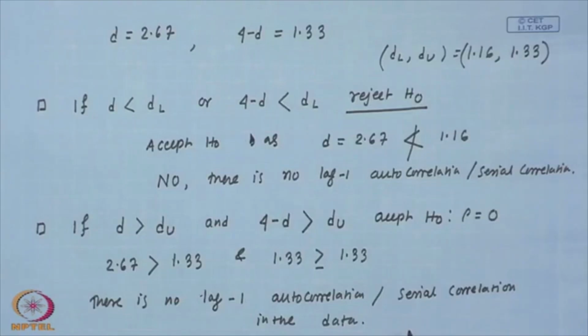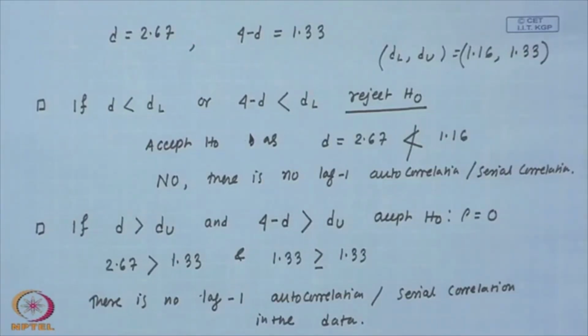Okay, so here we have used the Durbin-Watson test to test whether there exists serial autocorrelation, lag 1 autocorrelation, or not. Intuitively, when the d value, the Durbin-Watson test statistic, is small, that means there exists autocorrelation, right.